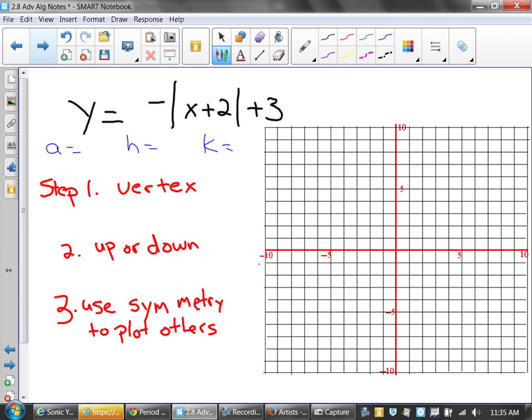That way it slows me down, and then I can identify what it is going to do when I go to plot it. So in this case here, the a value was just plain old boring, -1. The h value is -2, and k is 3.